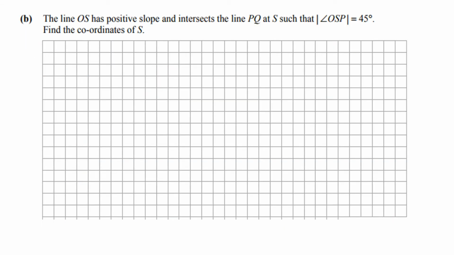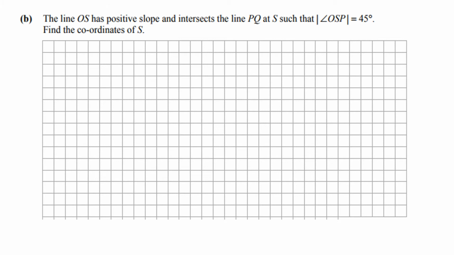So part B, the line OS has a positive slope and intersects the line PQ at S such that the angle OSP, so the angle at S, is equal to 45 degrees. Find the coordinates of S. So first thing we need to do is see how we are going to figure out the angle between two lines.